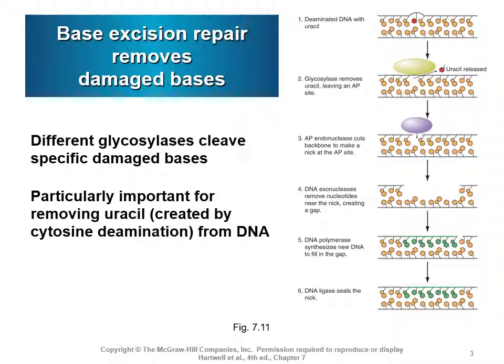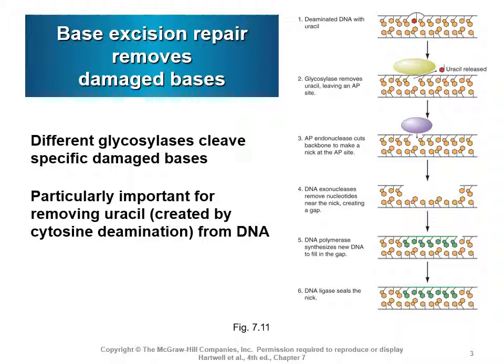So what happens next, then AP endonuclease comes and cuts the backbone to make a nick at the AP site. After that, the DNA exonuclease comes, and it cuts a whole fragment from that point where the cleavage was made.